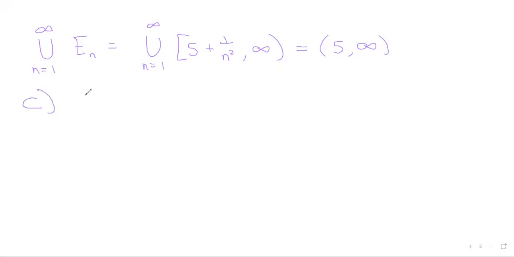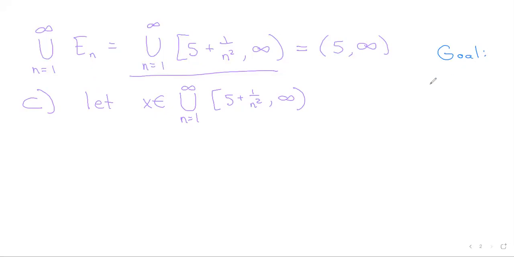So we will be starting with this side. Let an x exist in the union n equals 1 to infinity of the interval 5 plus 1 over n squared to infinity. And to help us out, we'll write our goal.